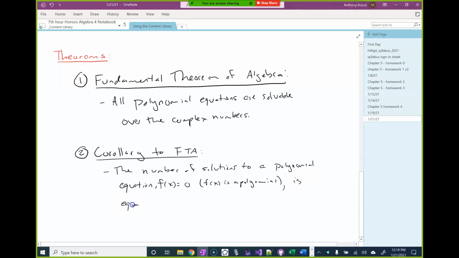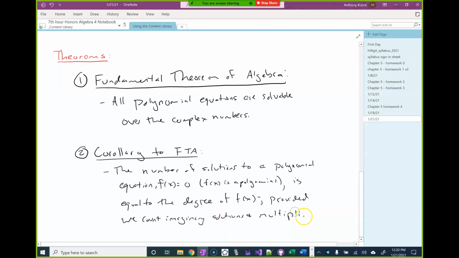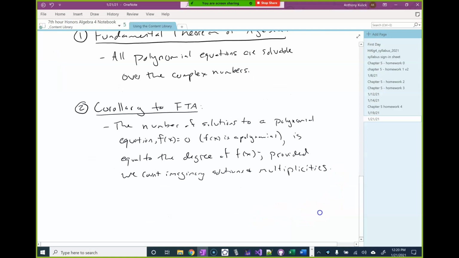The number of solutions is going to be equal to the degree, provided we count imaginary solutions and multiplicities. Now we know what an imaginary solution is here, right? That's not a big deal.